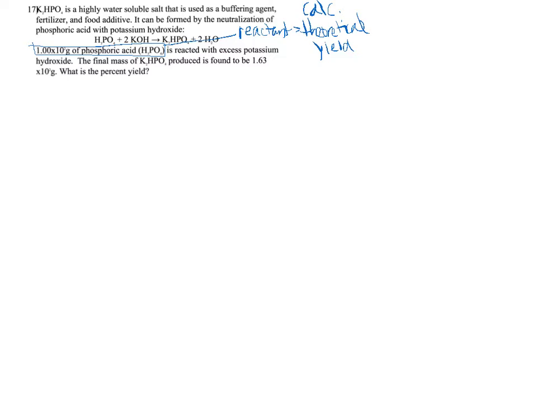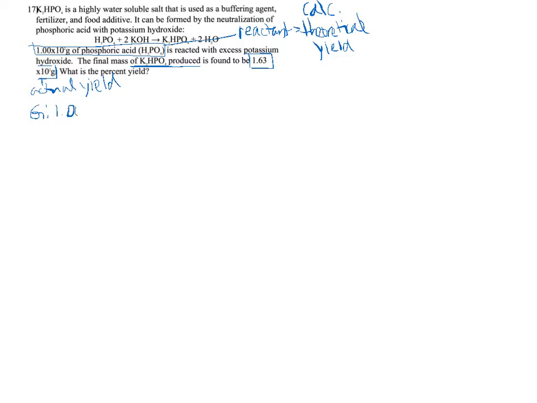And we're also given this 1.63 times 10 to the second grams of K2HPO4 produced. So remember that this is our actual yield. First things first, we've got to convert our reactant into the theoretical amount of product we can make.